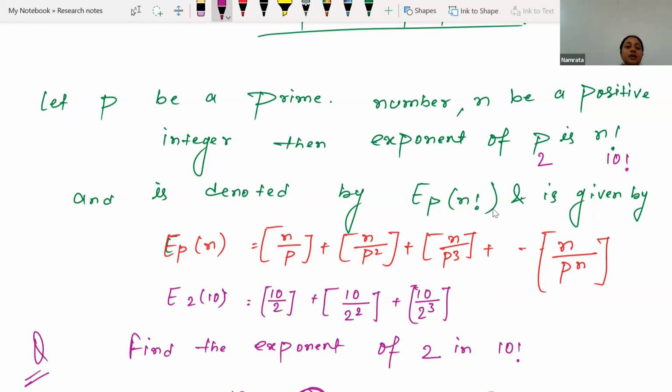Now, if I write the next term as 10 by 2 to the power 4, that means 10 by 16. Can 16 divide 10 without a decimal?